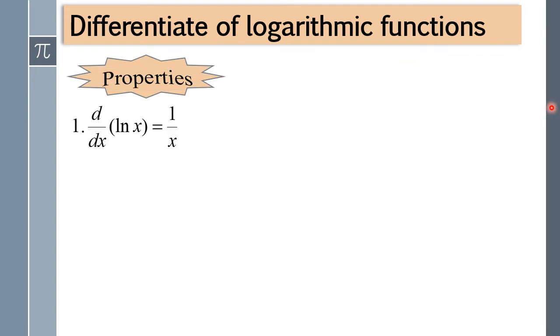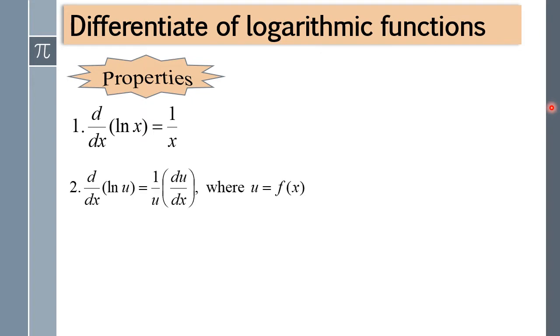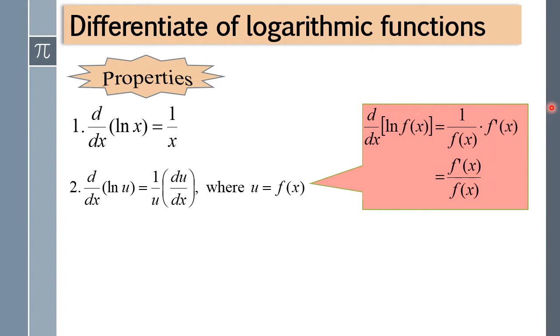Properties. The first one is d/dx ln x equals 1 over x. Number 2 is d/dx ln u equals 1 over u times du/dx, where u is equal to f(x). Then we can use this formula: d/dx ln f(x) equals 1 over f(x), and then we differentiate f(x) to get f'(x).